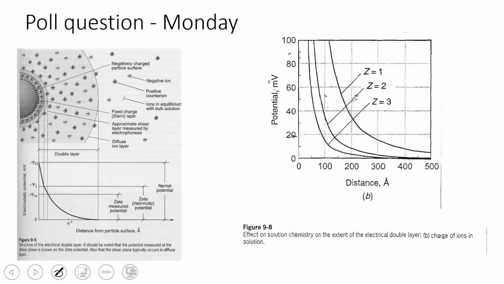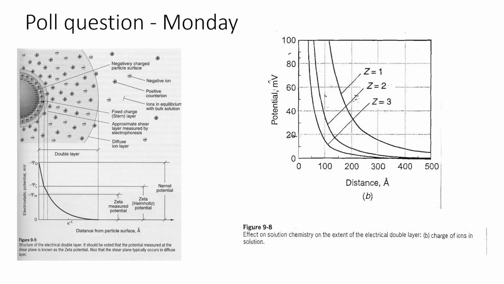If you've watched the video, in there I explain about the Stern layer and the double layer. This first layer here is referred to as the Stern layer, and it's referred to as a fixed charge.